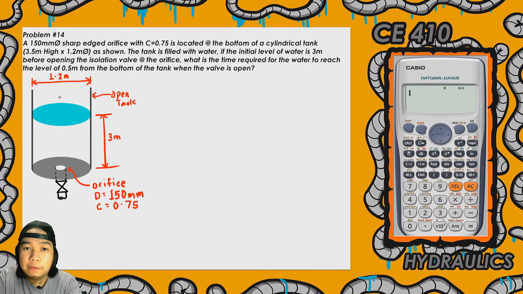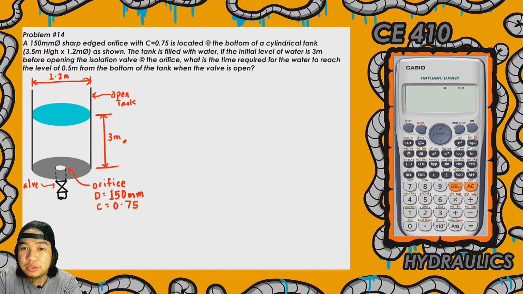So initially daw, since wala naman sinabi sa problem na merong inflow or meron tayong supply ng liquid dito sa loob ng tank, so initially 3 meters yung height ng water sa loob ng tanke, kapag hindi pa binubuksan yung isolation valve dito sa opening o dito sa orifice na located dito sa bottom ng tank.